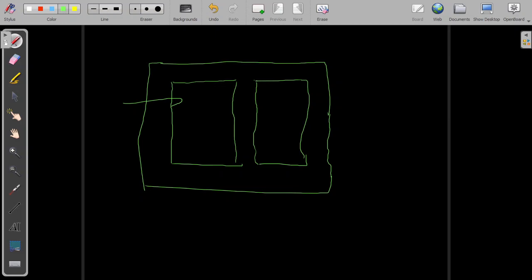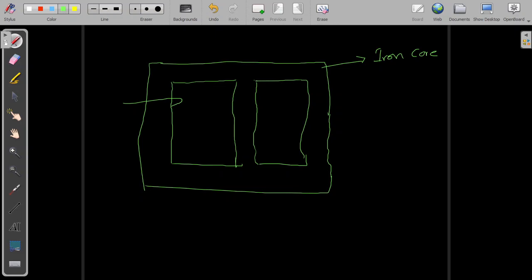Yes, this is some iron core we have. Iron core means it will be a three-dimensional structure. The front view of that three-dimensional structure is what I have drawn. We have two windows, two gaps, and this is the structure.